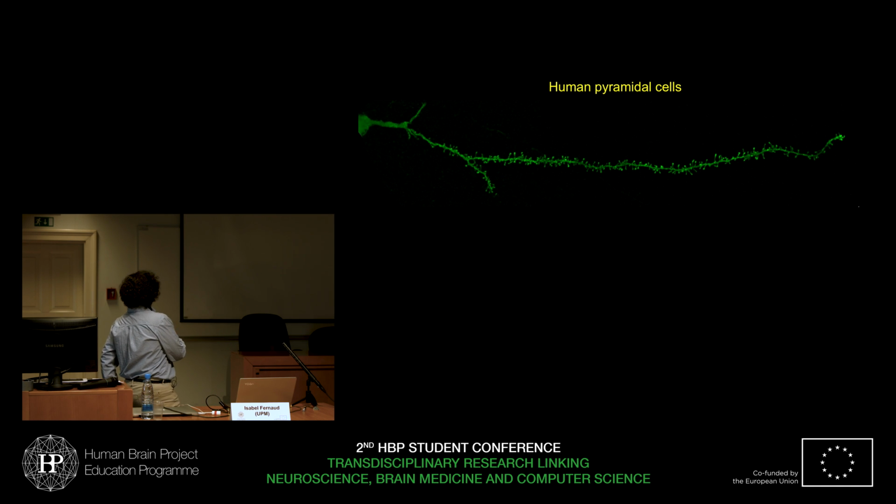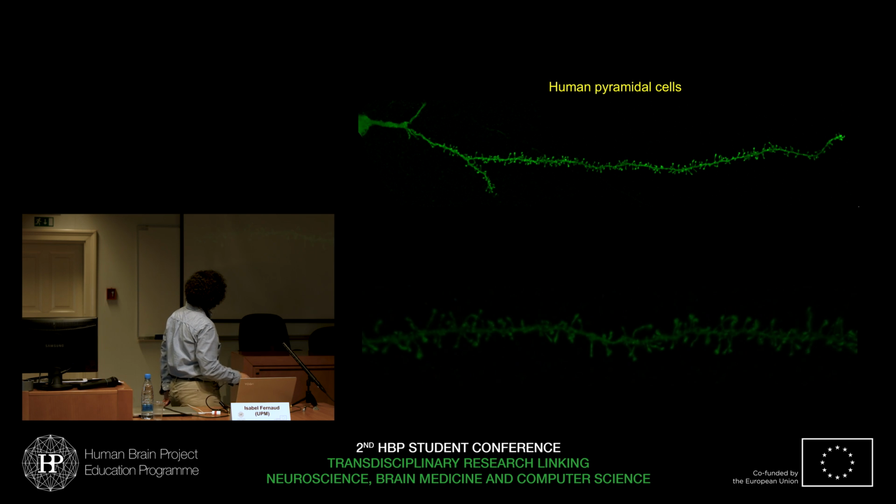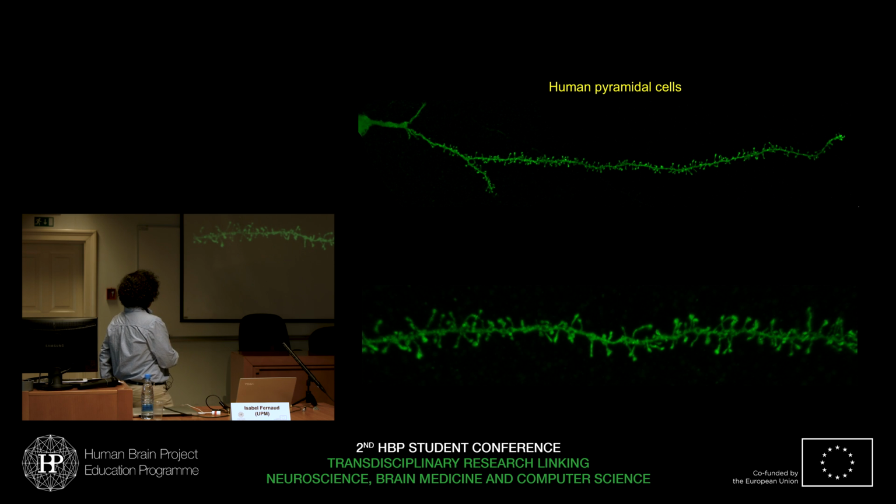And this is how we performed the study. We take a whole dendrite from the soma to the end of the dendrite, capturing with the confocal microscope all the images containing the spines. This is a higher magnification view of a part of this dendrite, where you can see there are many, many different shapes of the spine. In this study, we were interested not only in the morphological values of the spines, but also in the shapes.